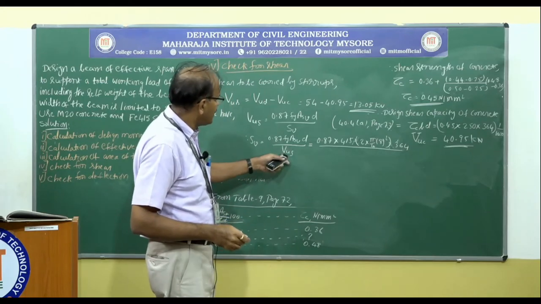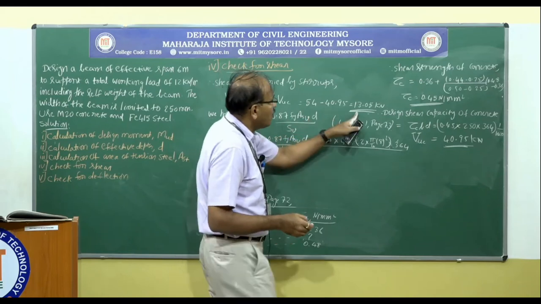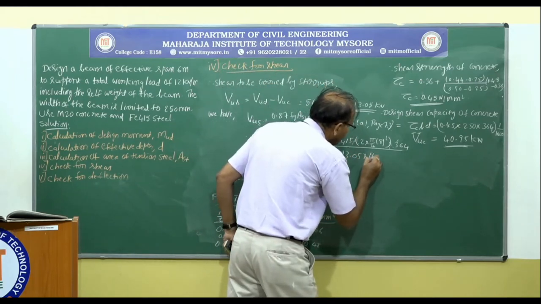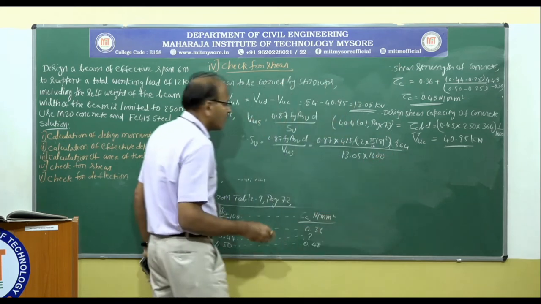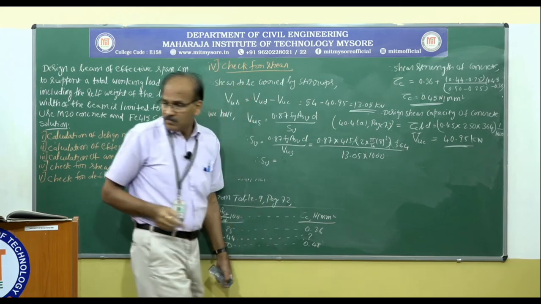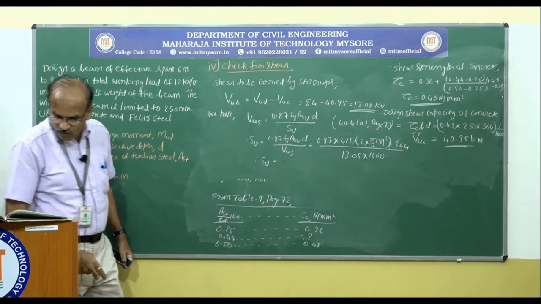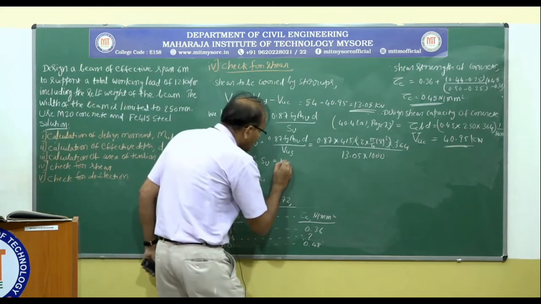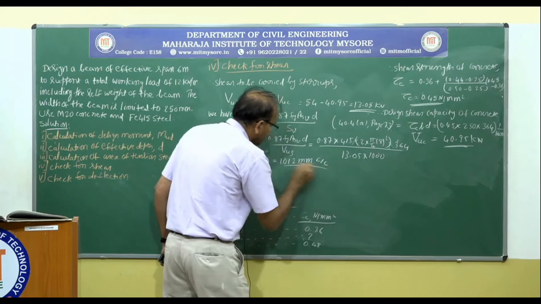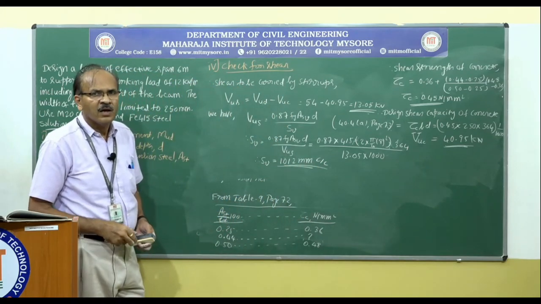So that is the shear to be carried by the stirrups. How much is this? 13.05. I am going to convert this value into Newton. Okay, therefore SV equal to 1012 millimeter center to center. Okay.